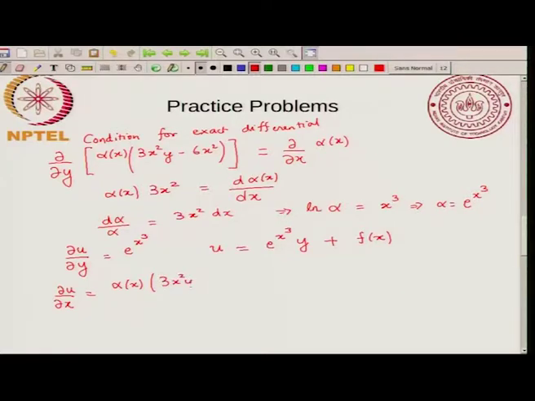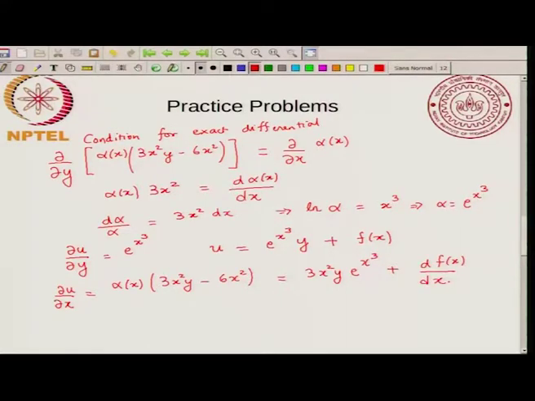Now, if you substitute this form of u, then you can see that dou u by dou x is nothing but derivative of e raised to x cube, that is 3x square y e raised to x cube, plus df of x by dx.